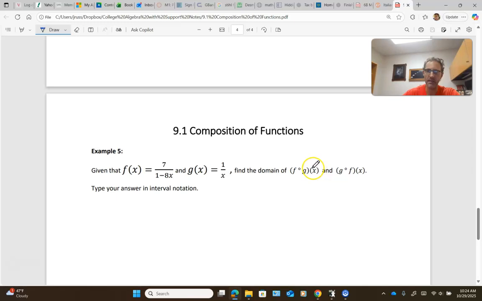Okay, so if any input into g makes g undefined, then it makes this whole composition undefined. And then any outputs of g that make f undefined also makes the composition undefined. Okay? So whenever our functions are rational like this, then we are probably going to have restrictions on the domain.